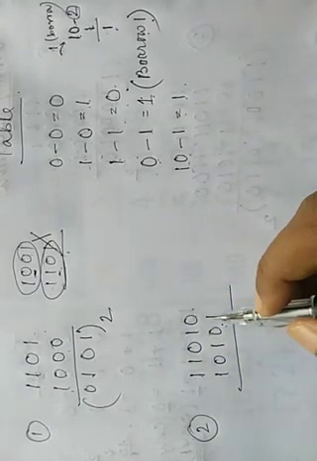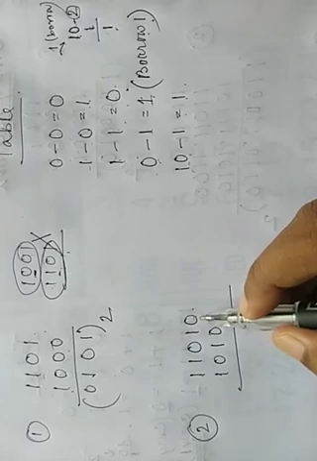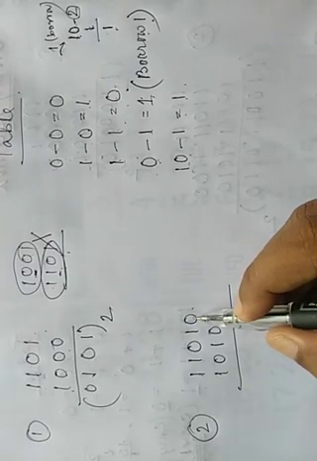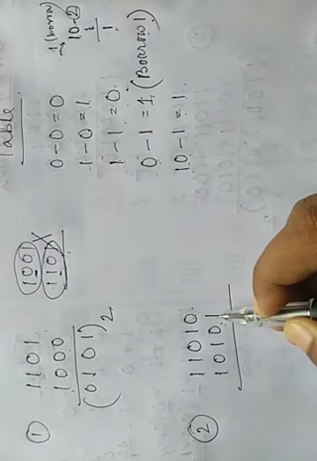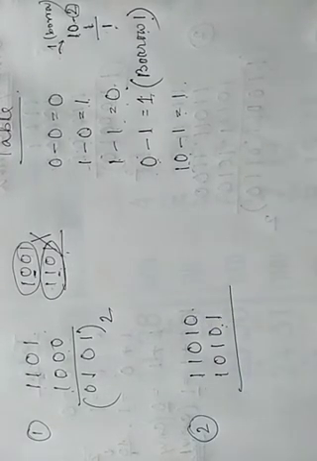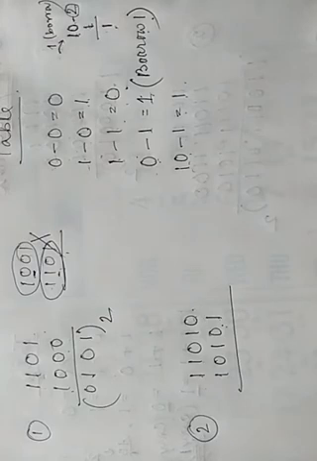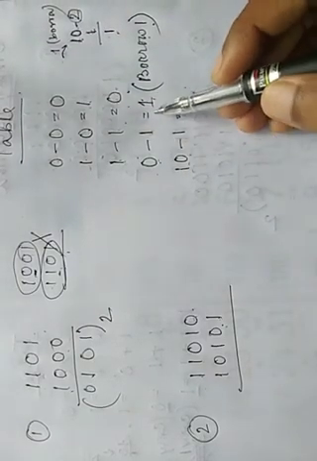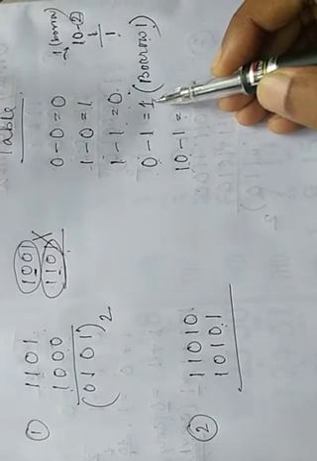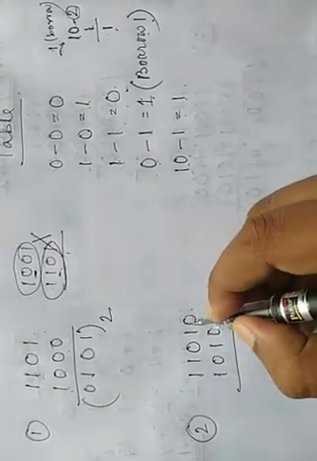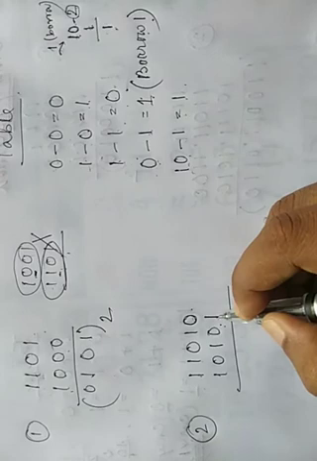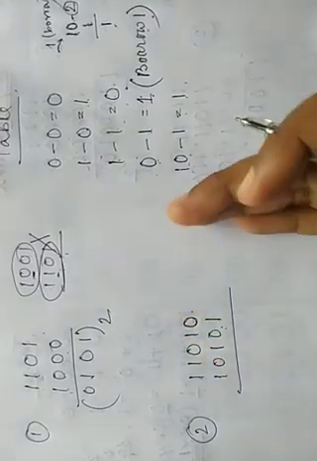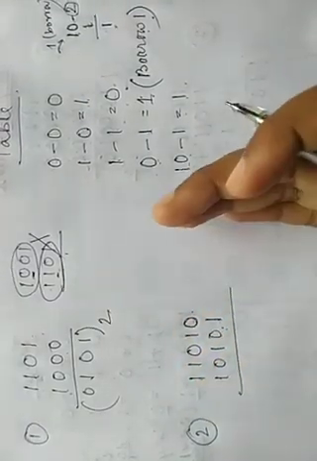Now see in our first place, it is 0 minus 1. Mind it, 0 means a small value, so 0 minus 1 means we borrow 1. If there is 0 and we have to subtract 1, we have to borrow 1 from its previous number.